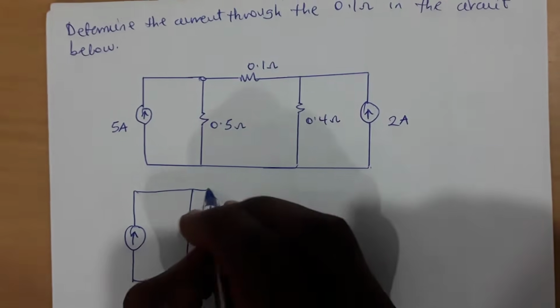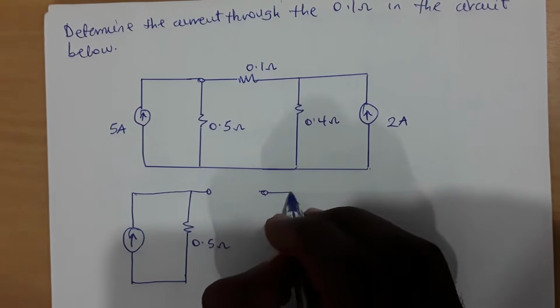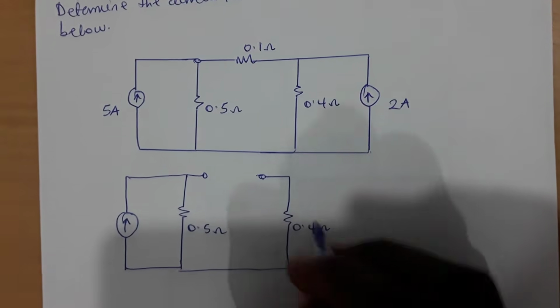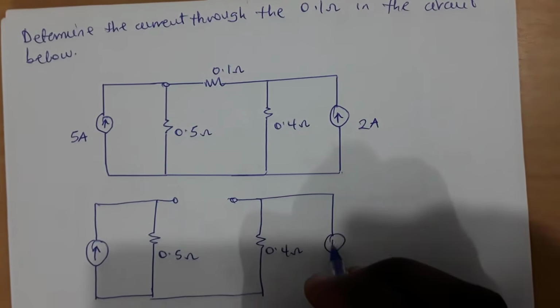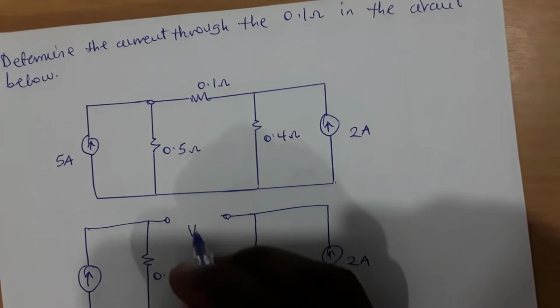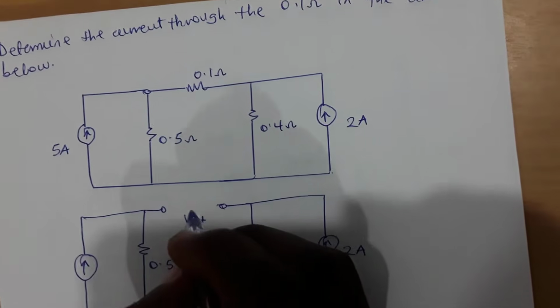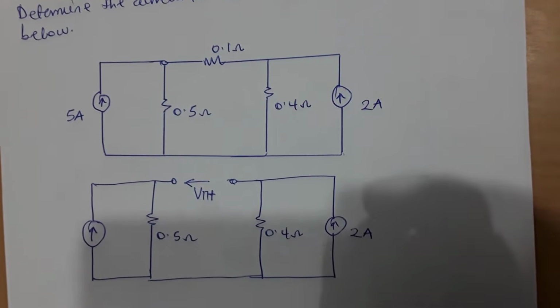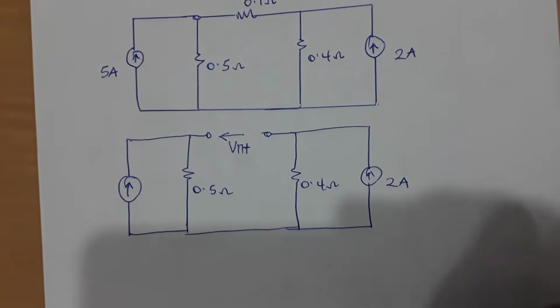We take it out and we will find our VTH. So like this. This will be 0.4 ohm. This will be 2 amperes here, and we will find our VTH. Let's take this direction. It can be any direction. It depends on you.